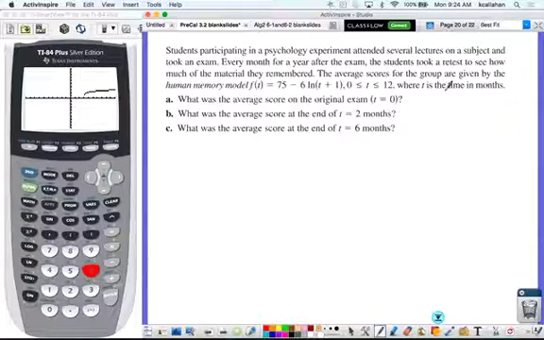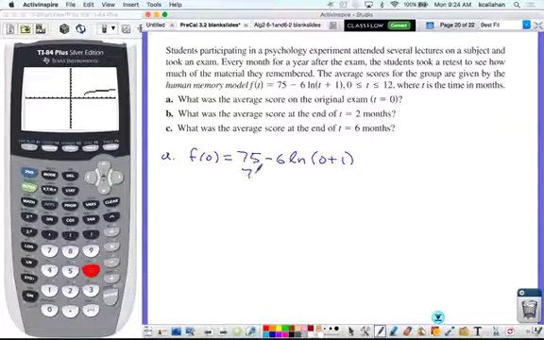Okay. So what was the average score of the original exam at t equals 0? What are they asking you to do with that t equals 0? Just plug it in, right? So for A, we're going to get f of 0 equals 75 minus 6 times ln of 0 plus 1.